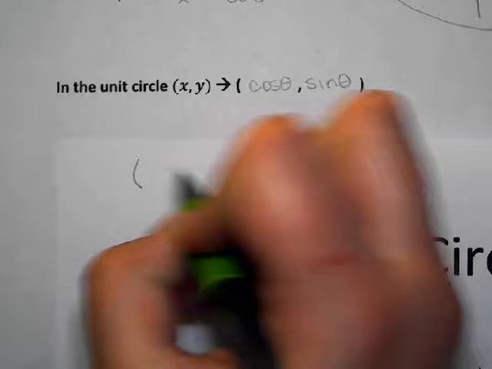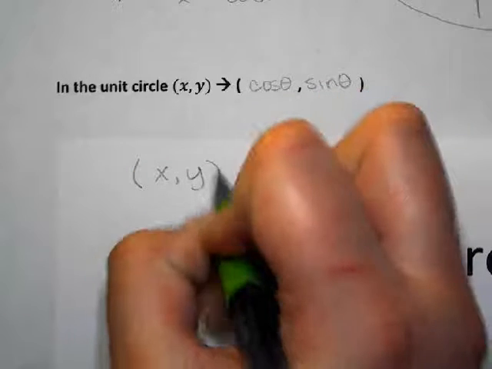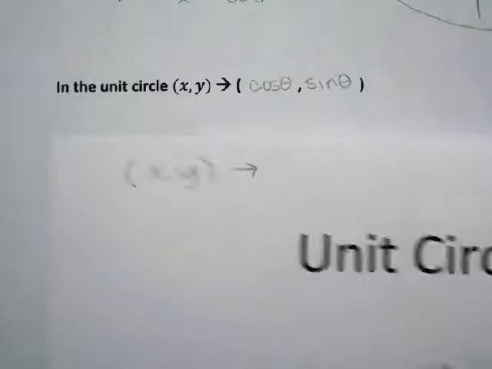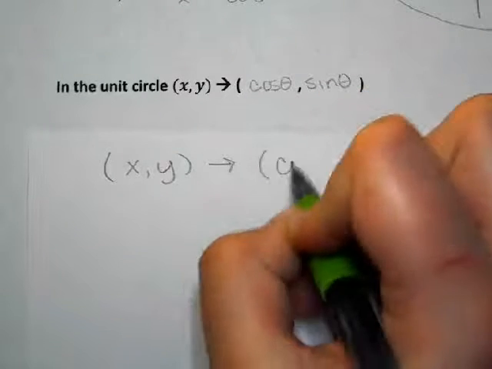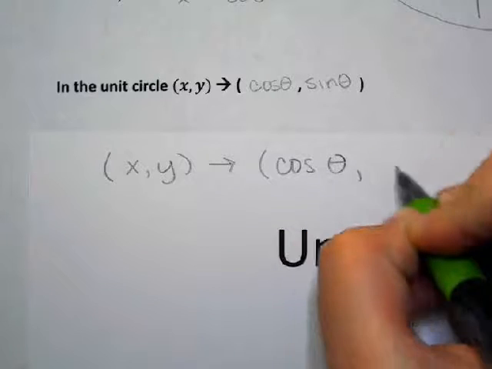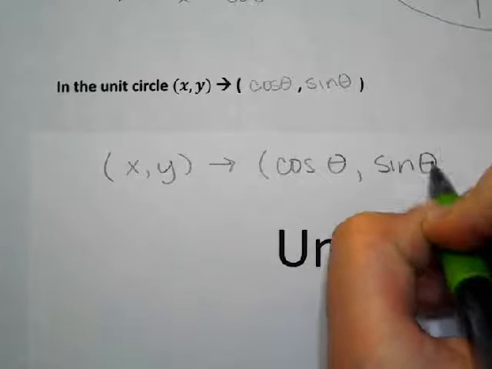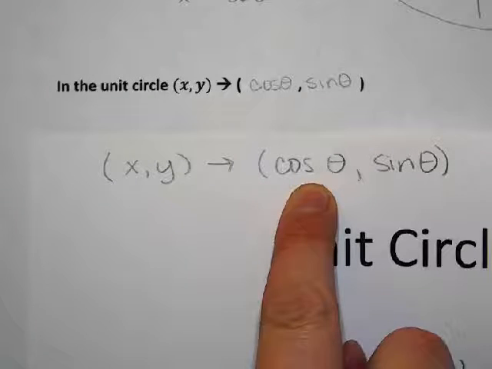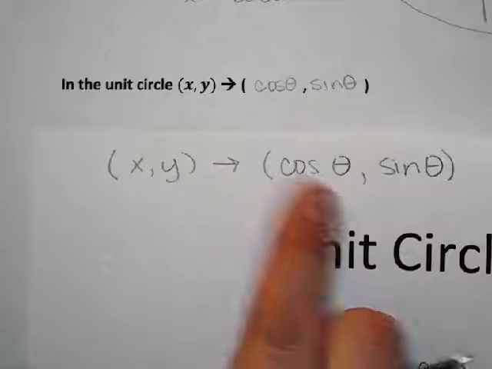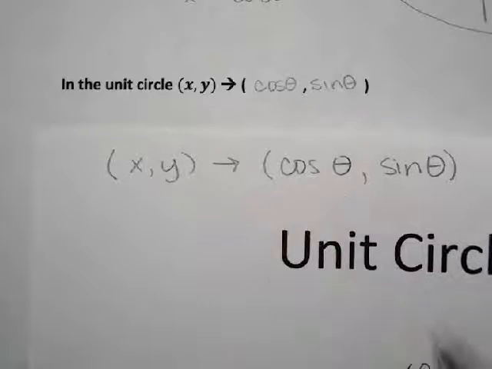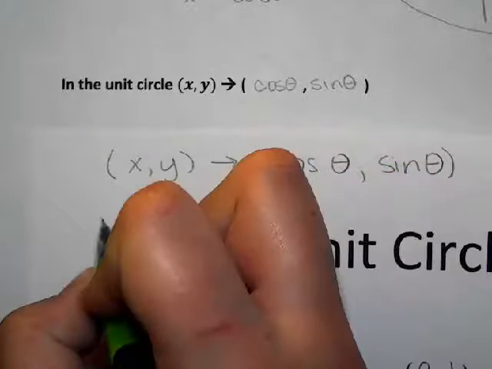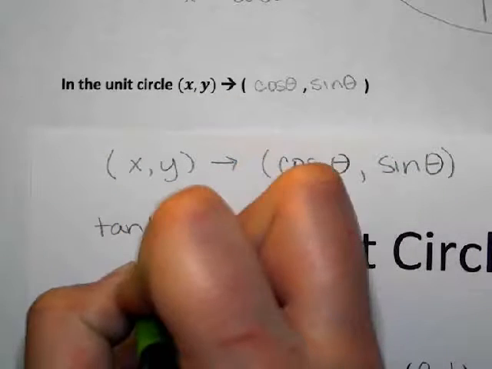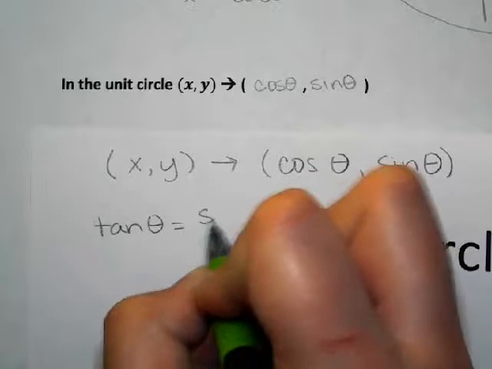The x corresponds to cos. X comes first in the alphabet, so does cos. Y comes second in the alphabet, so does sine. And then I remember that tan is sine over cos, aka tan is y over x.